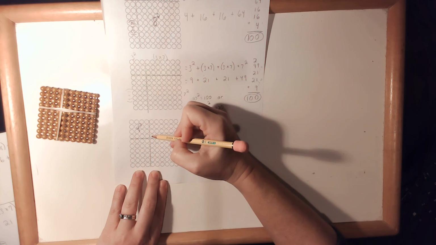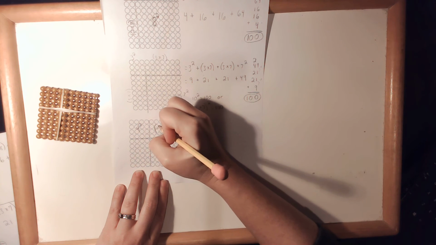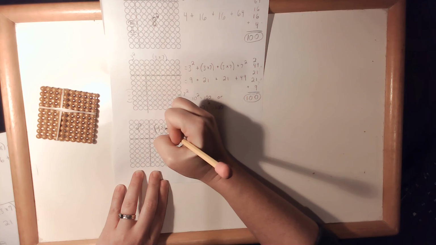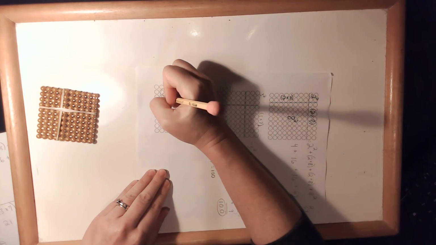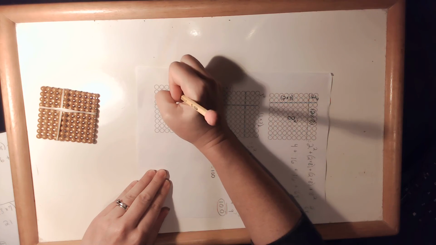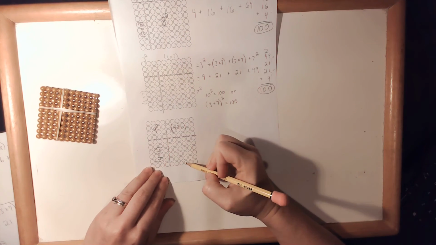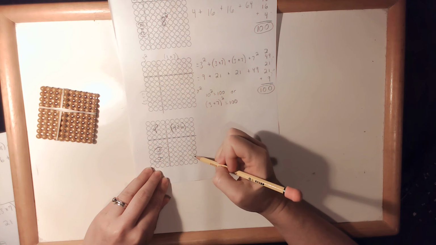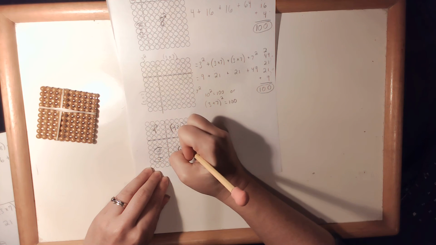This is 4 times 1, 2, 3, 4, 5, 6. And another 4 times 6. 1, 2, 3, 4, 5, 6. 1, 2, 3, 4, 5, 6. This one is 6 squared.